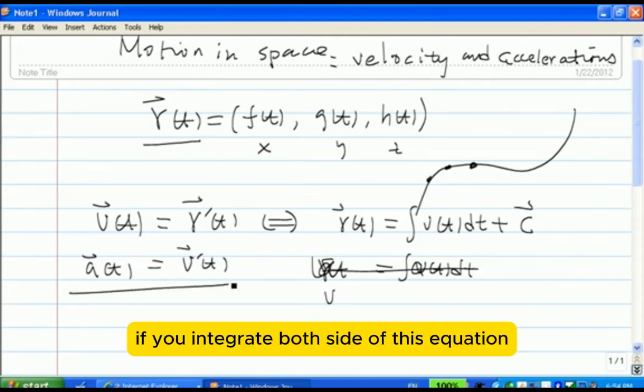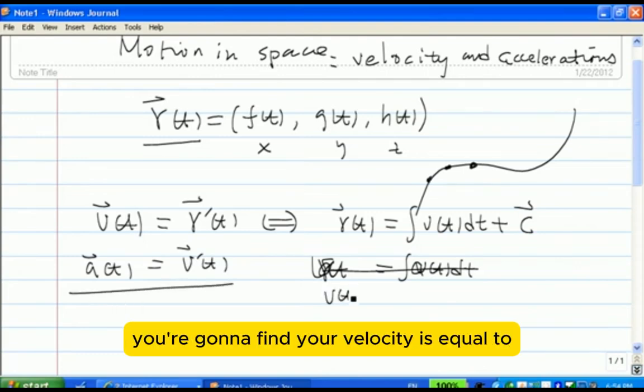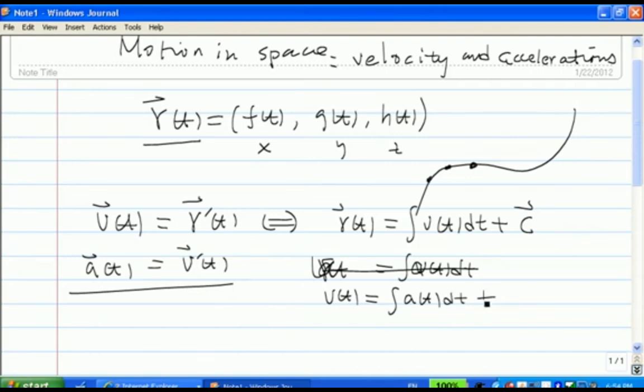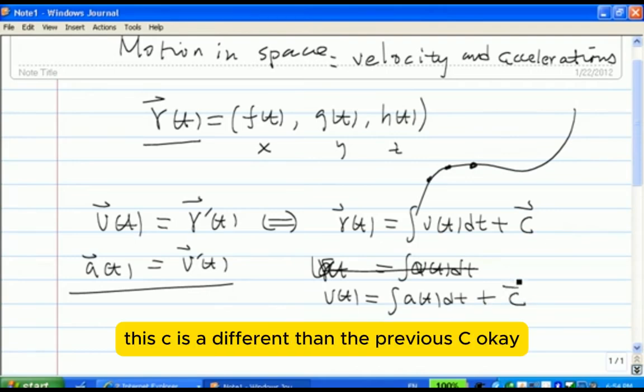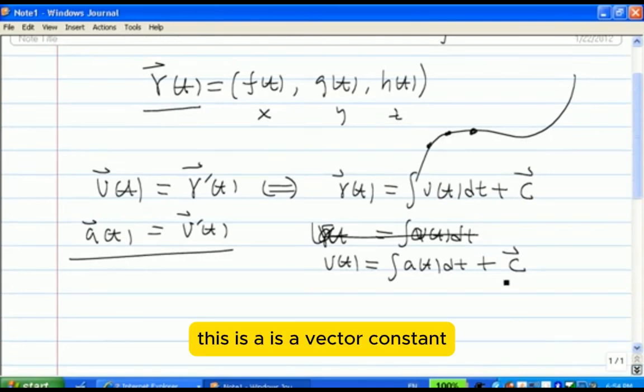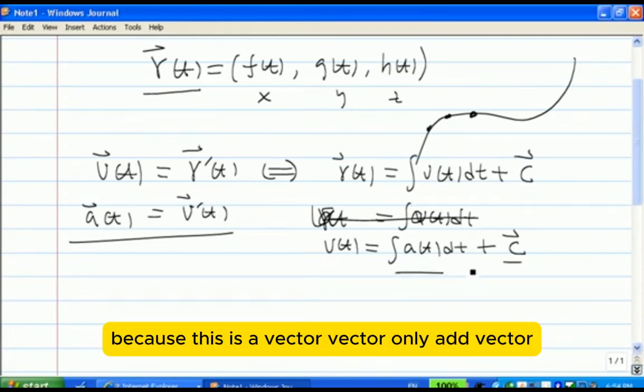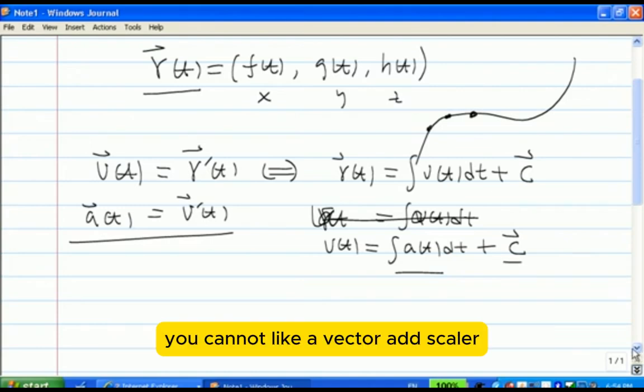If you integrate both sides of this equation, you find your velocity is equal to the integral of acceleration plus c. This c is different from the previous c. This is a vector constant, because vectors only add vectors. You cannot add a scalar to a vector.